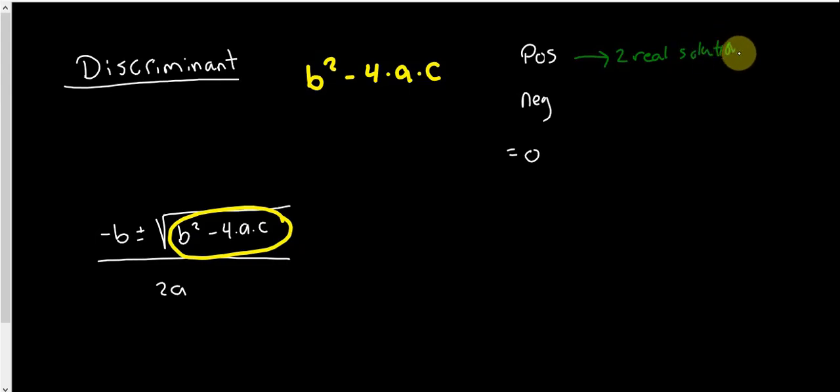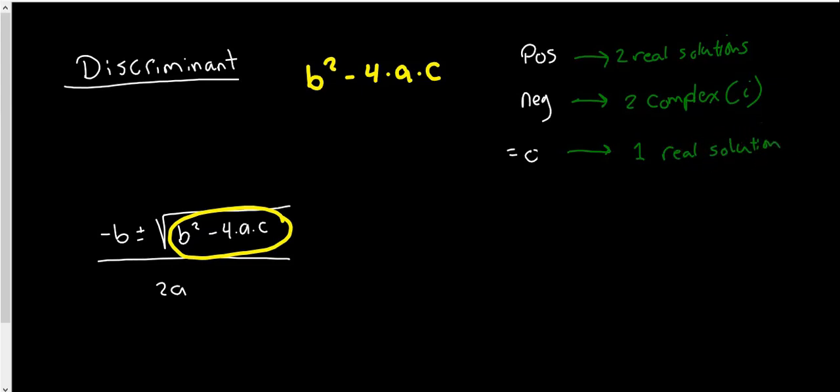If it's negative, I'm going to end up with two complex or imaginary solutions. Two of the i type things. And finally, if it's equal to 0, I'm going to end up with one real solution.